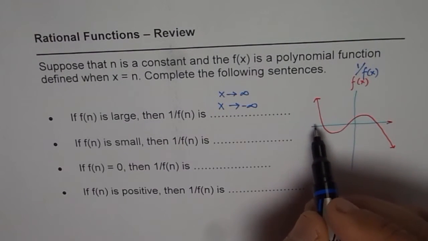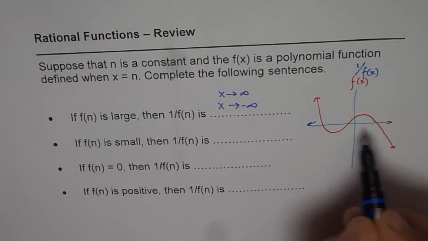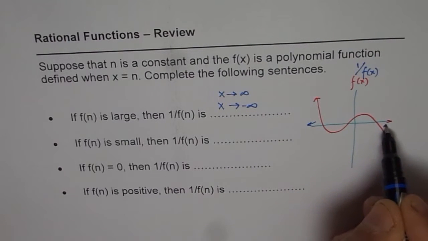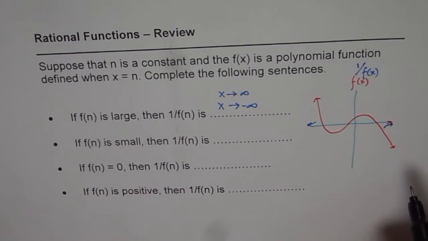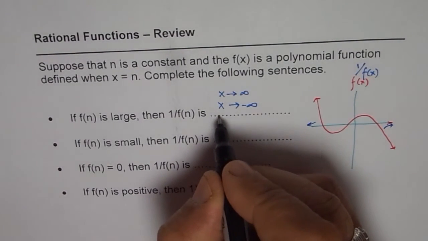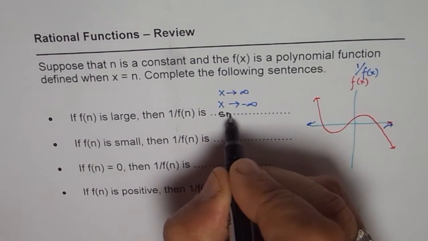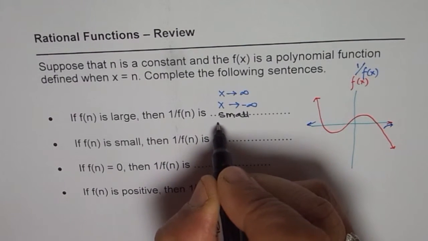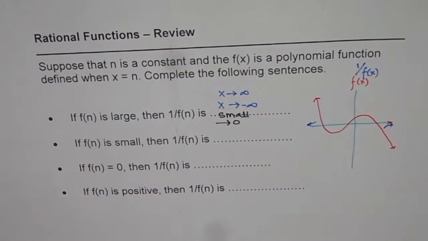What we see here is it will be approaching 0. If it is negative large, then it will be approaching 0 from the negative side. But in either case, the function value is approaching a small value. So then 1 over f of n is small. We can write small, or we could write approaching 0, either way, a very small value. That is what the answer is.